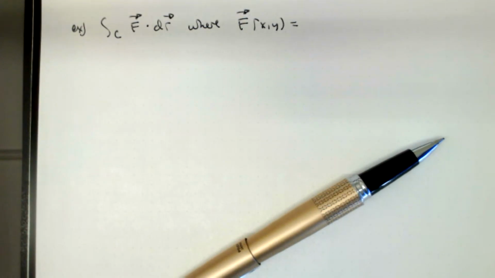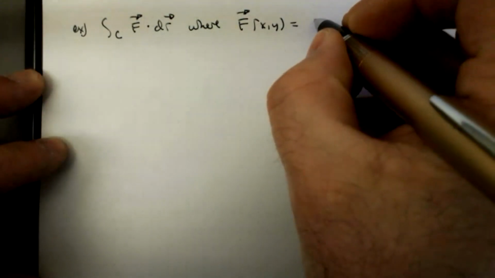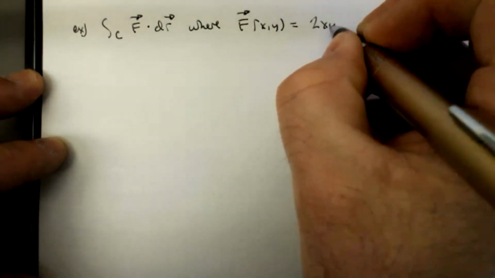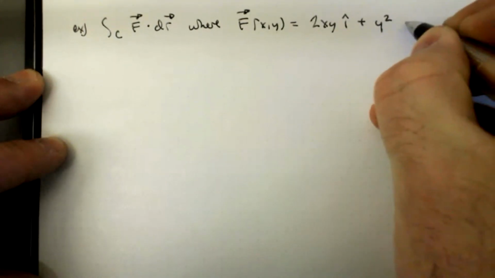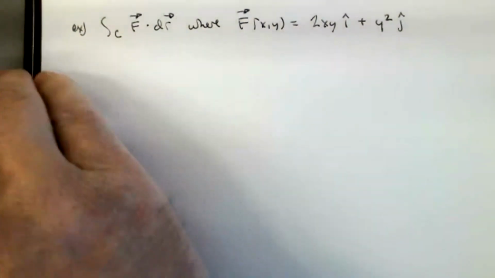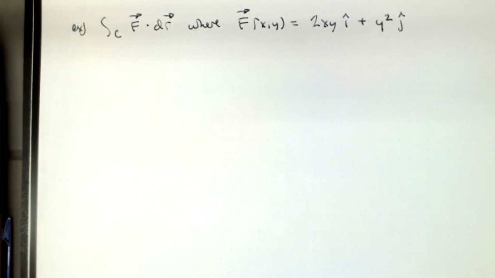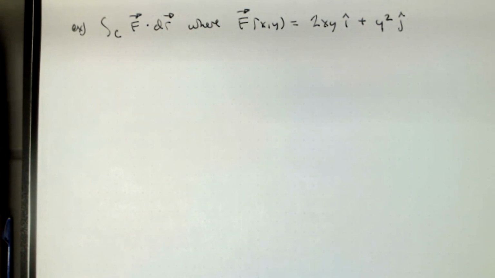So let's make a vector field. My vector field is going to be 2xy i plus y squared j. And C is going to be the unit circle once around, counterclockwise, starting at (1, 0).